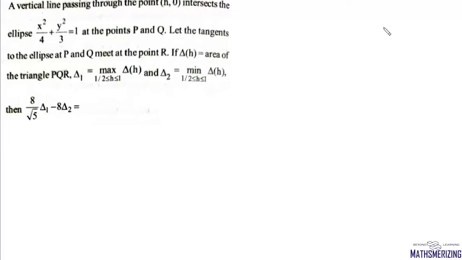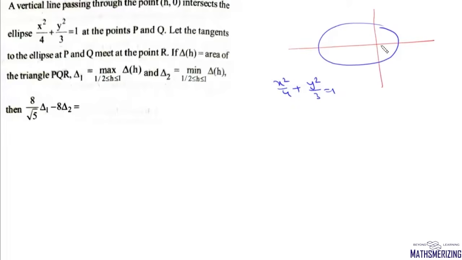So we have this ellipse whose equation is x²/4 + y²/3 = 1. Now we draw a vertical line through the point (h, 0). So this point is (h, 0). Now we need to find these points of intersection. For both of them, the x coordinate will be h.